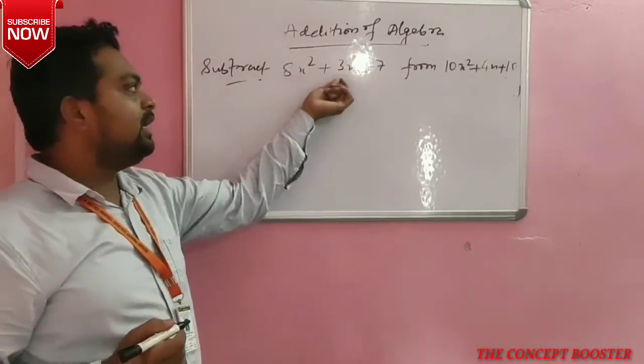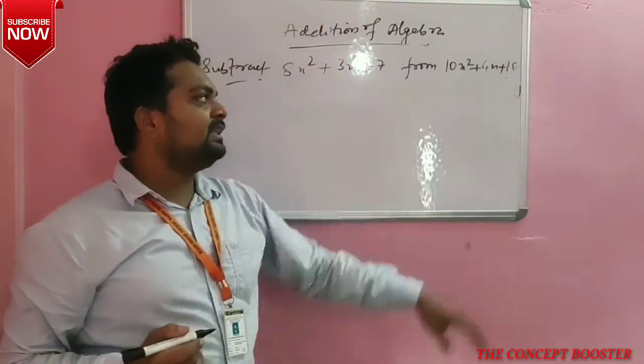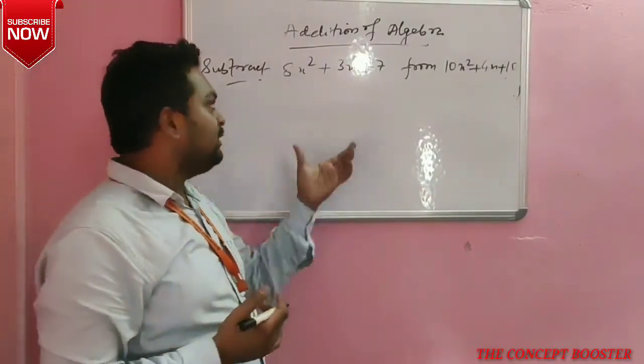So 8x square plus 3x plus 7 from 10x square plus 4x plus 10, you have to subtract.